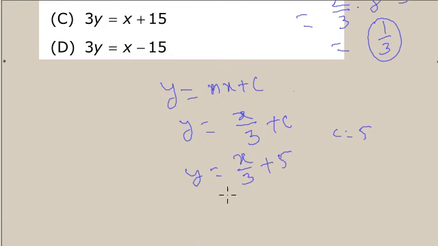If you multiply with 3, 3y is equal to x plus 15. So x minus 3y is equal to 15. This is the correct answer.